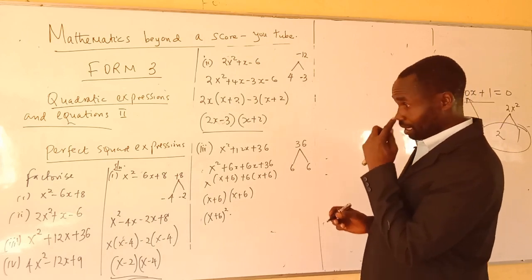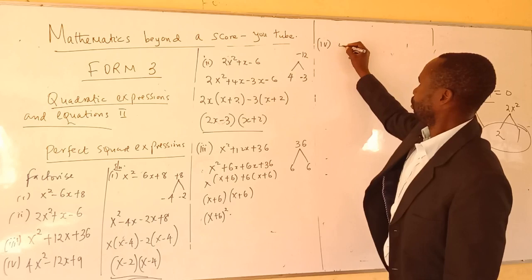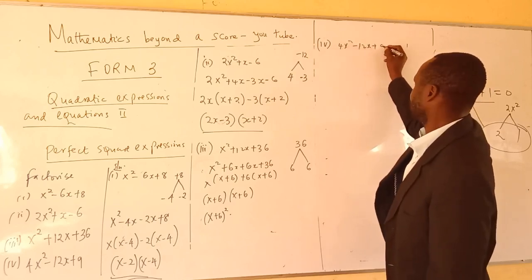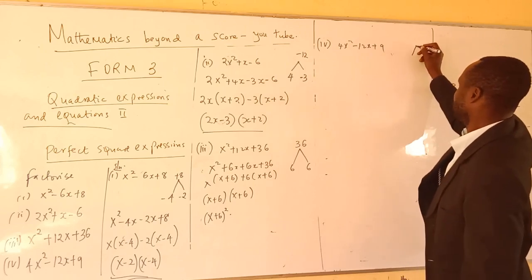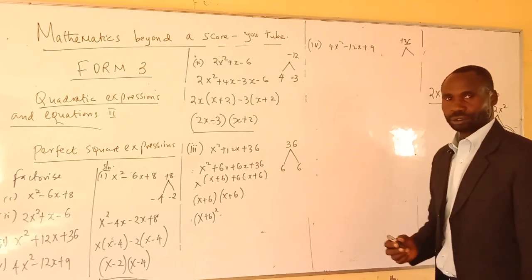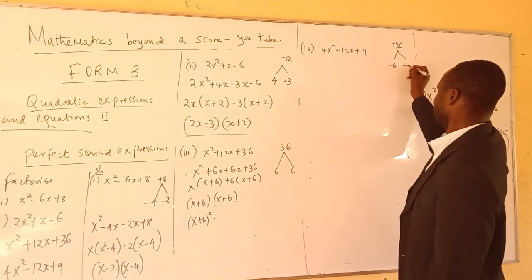Last but not least, we have number 4, which is 4x² - 12x + 9. Multiply 4 by 9 to get positive 36. Two numbers we work out to get positive 36 are negative 6 and negative 6.